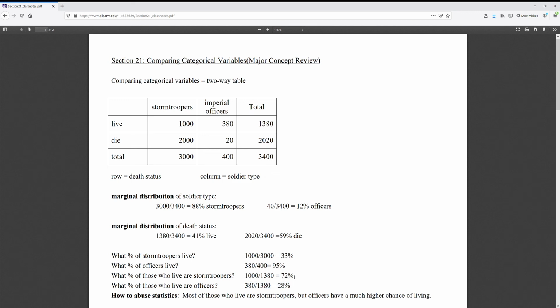So naturally, again, these are going to add up to 100%. I'll say that again. If you live, you are exactly one of stormtrooper or officer. So these have got to add up to 100%. Likewise, we could do this the other way. What percentage of those who die are stormtroopers or officers? What percentage of stormtroopers or officers die, doing the analog of these two questions. So those are just some various percentages you can compute.